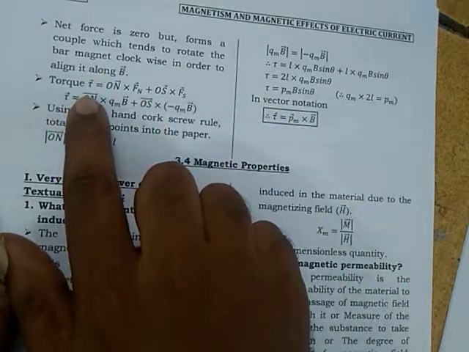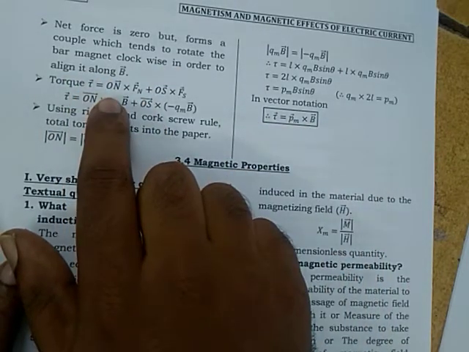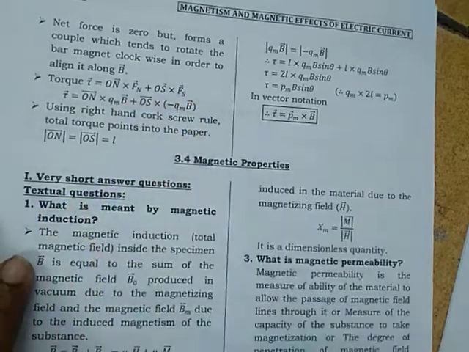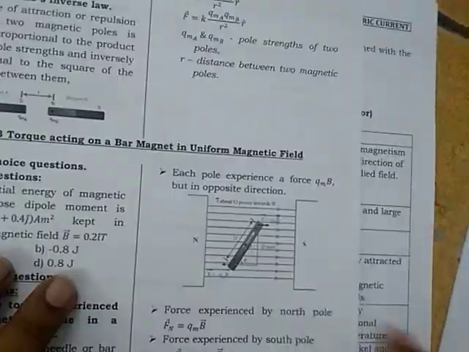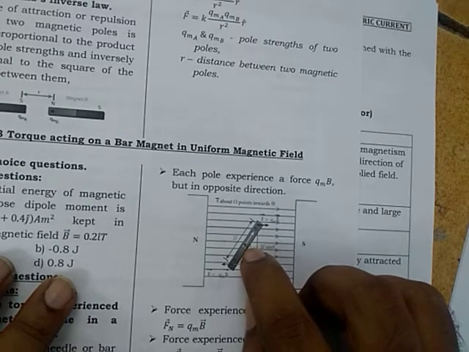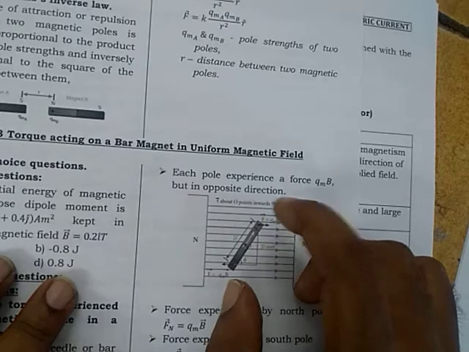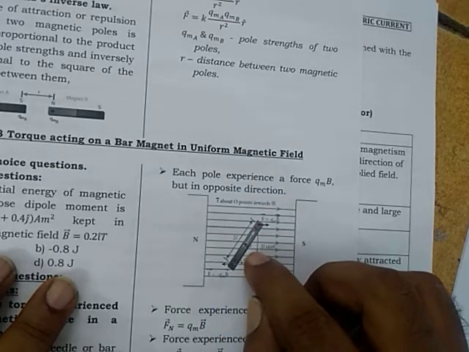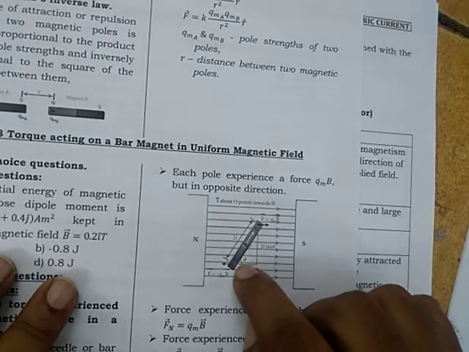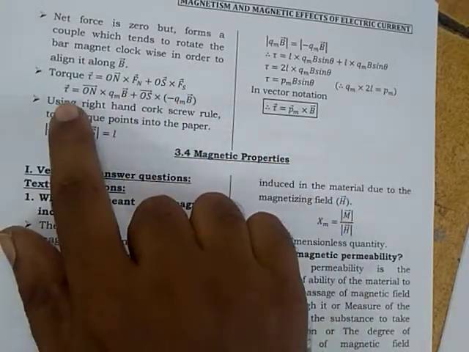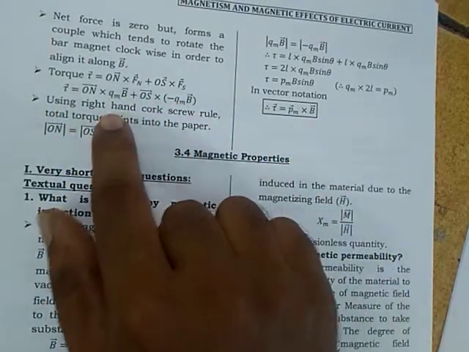The torque can be represented as tau vector is equal to On vector cross Fn vector plus Os vector cross Fs vector. Here On vector is from the midpoint, that is the geometrical center O of the magnetic dipole, to the north pole, and Os vector is from point O to S. On substituting this, we get the following.